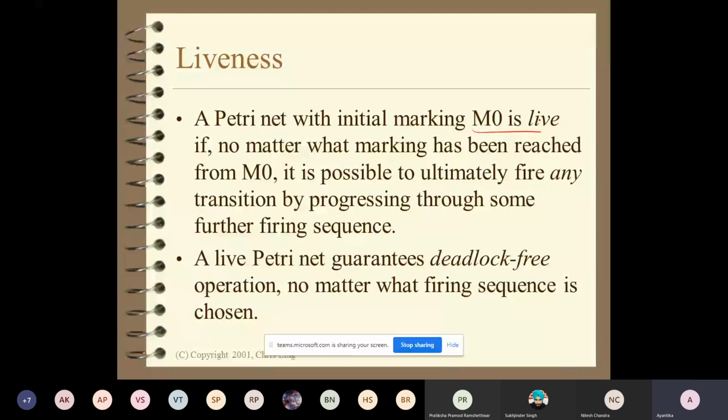Okay. But why is this important? This is important to check whether there is a possibility of deadlock or not in your design. Deadlock means, maybe there are two processes, P1 and P2. Now P1 is sending some input to P2 and P2 is sending some input to P1.